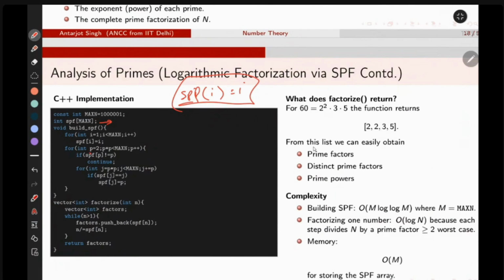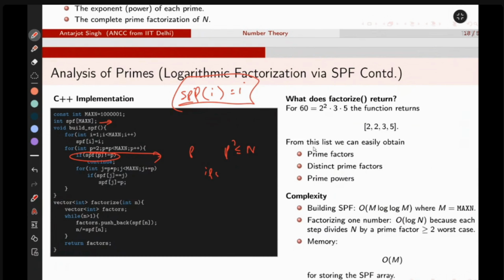Here you are iterating through primes p, while p squared is less than max n, which would be n. If SPF of p is not equal to p, that means it's already computed, so you don't need to do it again.